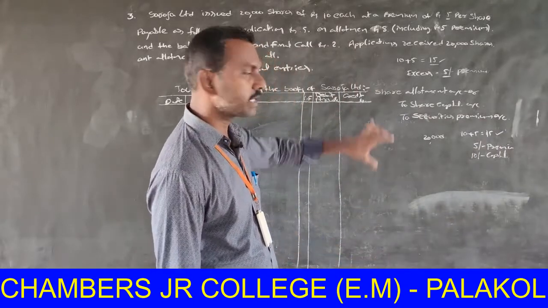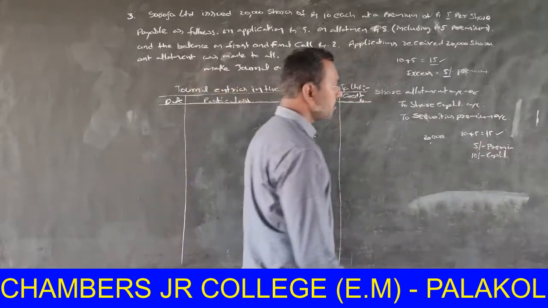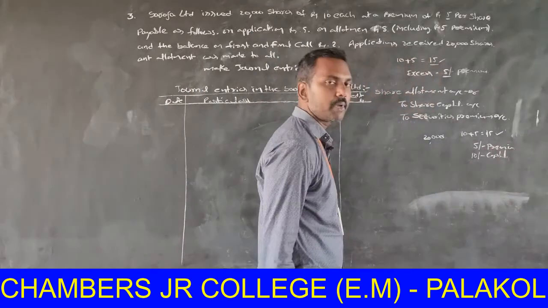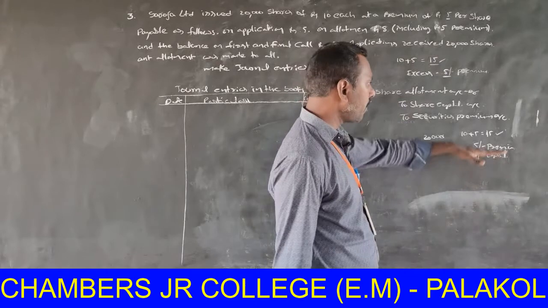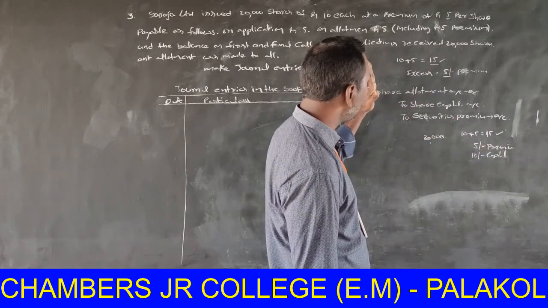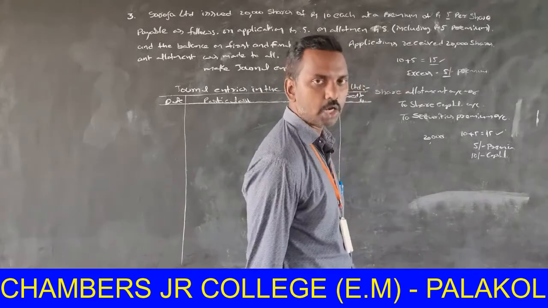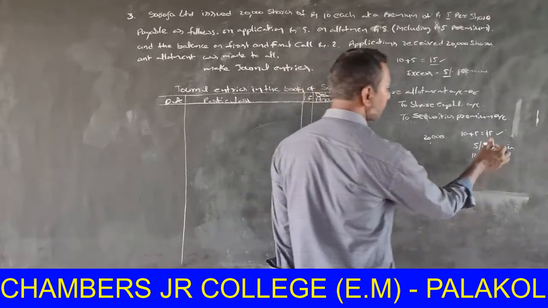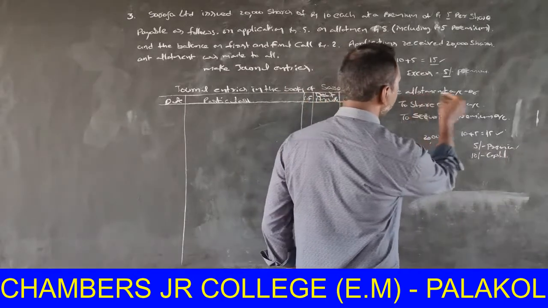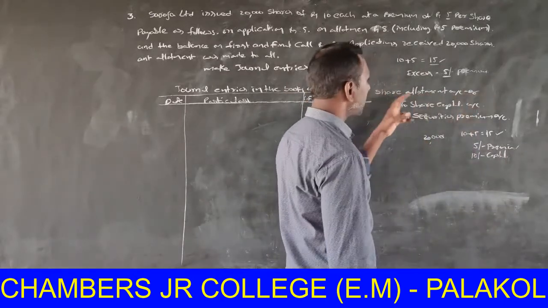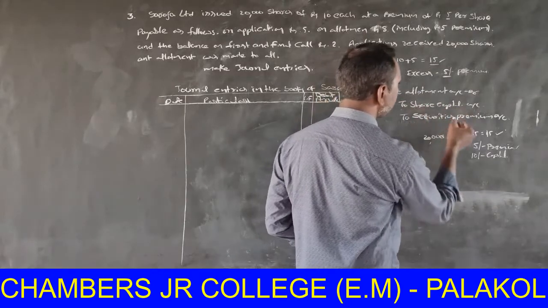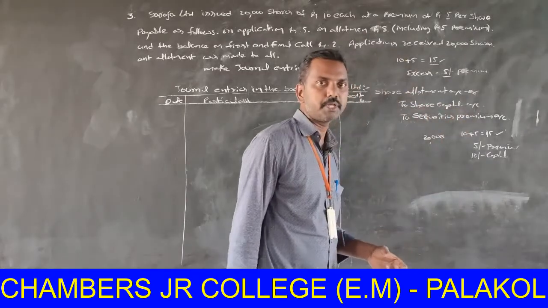Here is the journal entry for the due of share premium and the receipt of share premium. In allotment, for the due of share premium, the journal entry is share allotment account debtor to share capital account, to securities premium account.